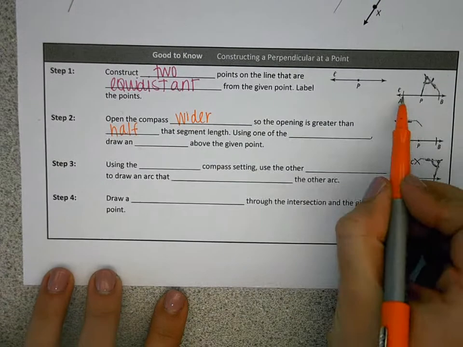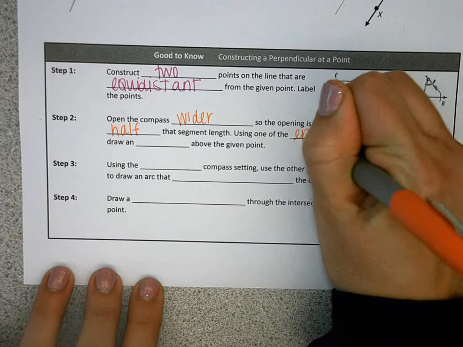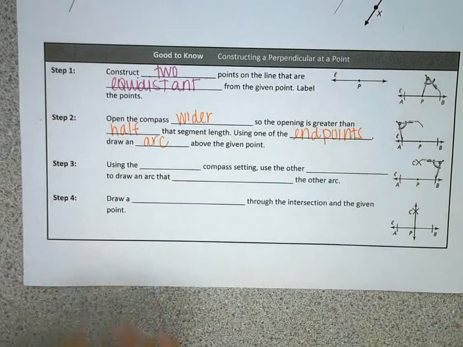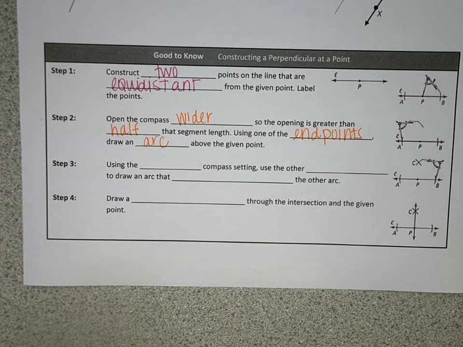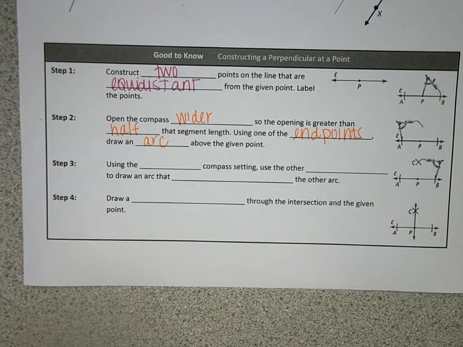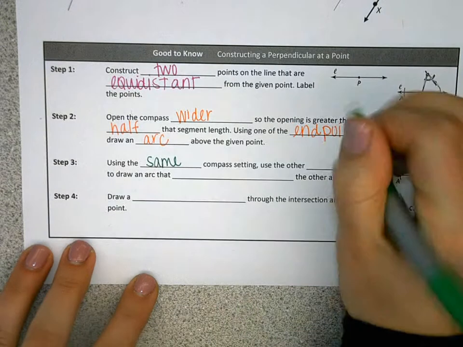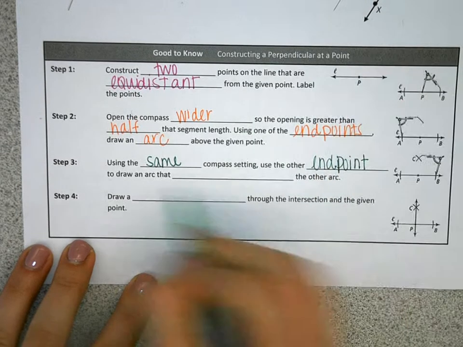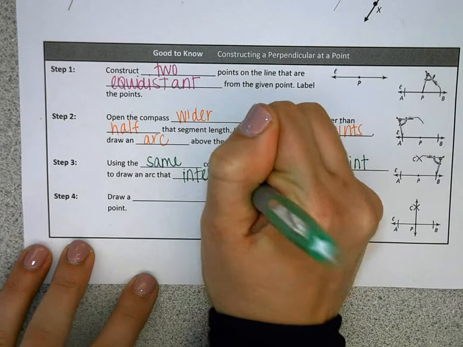Those two endpoints that you make, you are going to use one of them. So using one of the endpoints, you're going to draw an arc above the given point. And then using the same compass setting, you're going to use the other endpoint to draw an arc that intersects the one you already did.